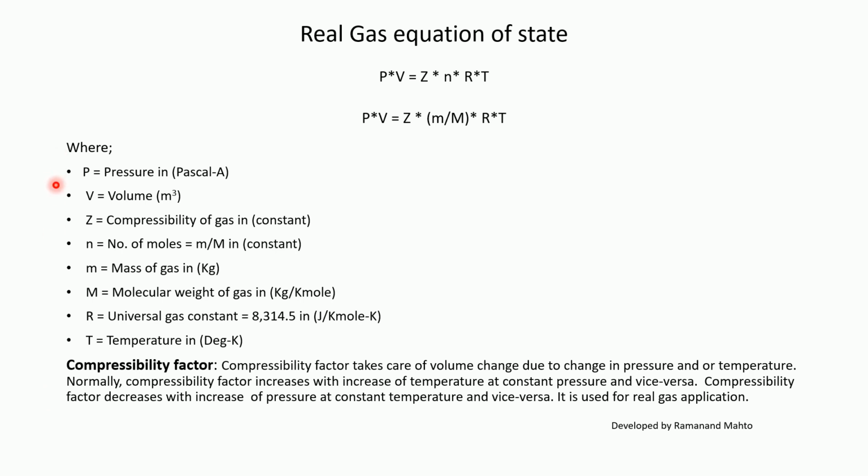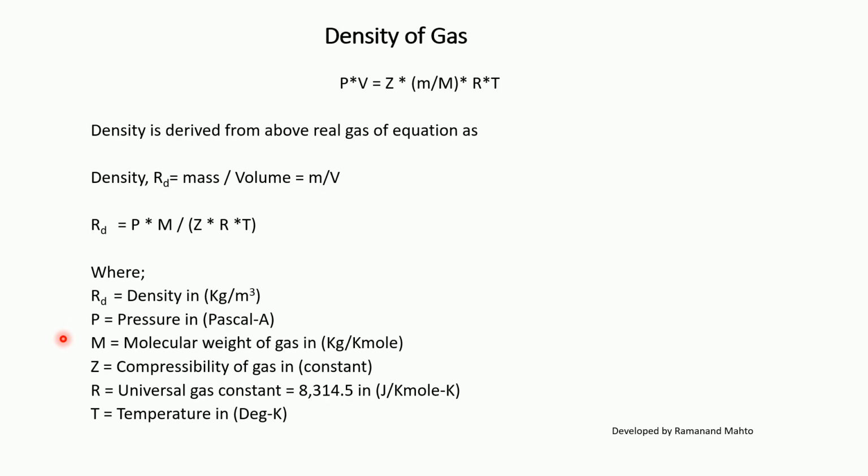So P is again Pascal absolute, V is the volume in cubic meter, Z is the compressibility factor of gas, a constant, N is number of moles, which is small m upon capital M, a constant, small m is mass of gas in kg, capital M is molecular weight of gas in kg per kilomole, R is the universal gas constant, which is 8314.5 joule per kilomole per Kelvin, and T is temperature in degree Kelvin.